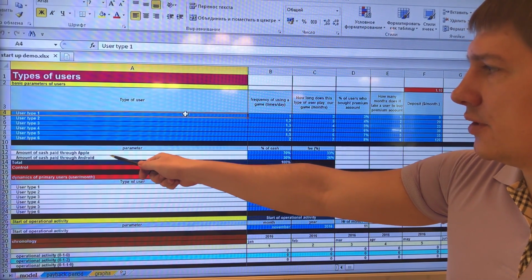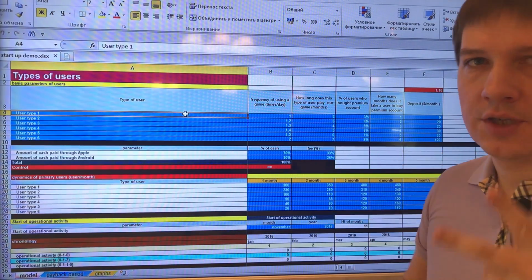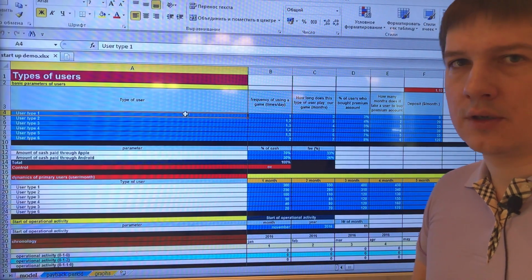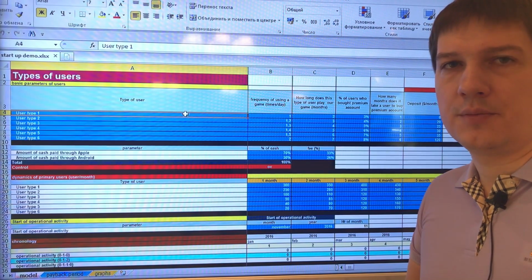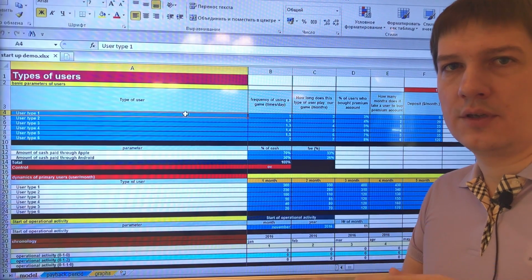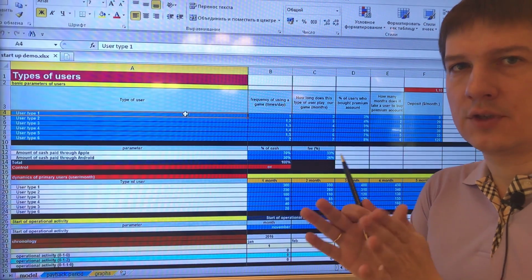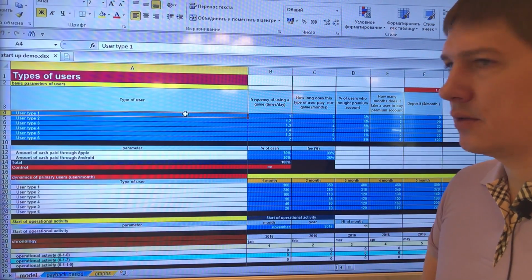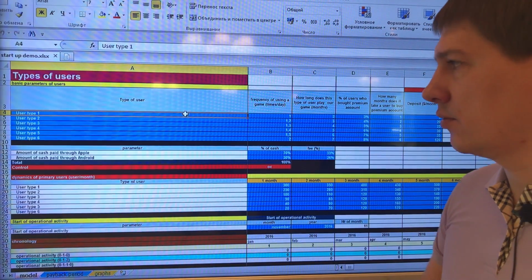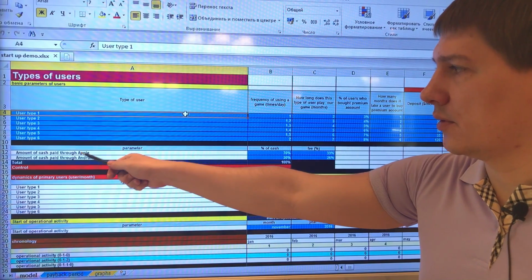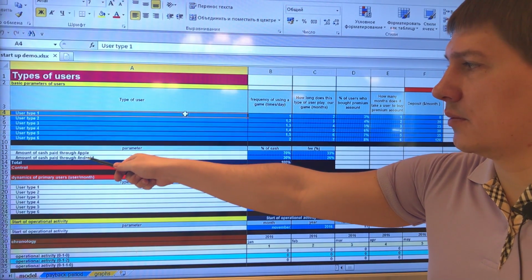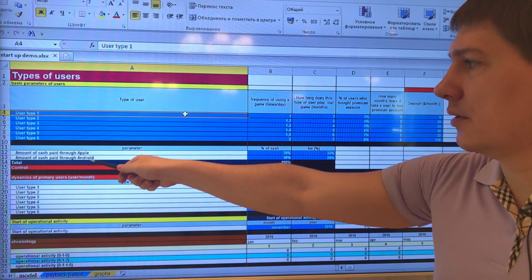Then we should describe the two general cash flows. When our users buy additional features, when they buy premium accounts, we have two different cash flows, and one part of this cash flow comes through Apple, and another part comes through Android.